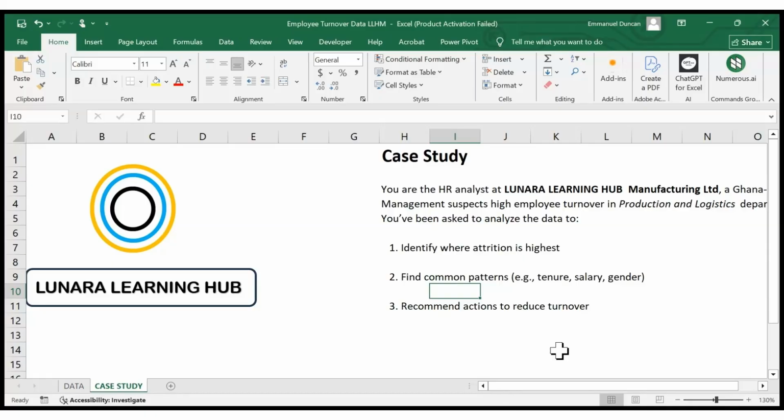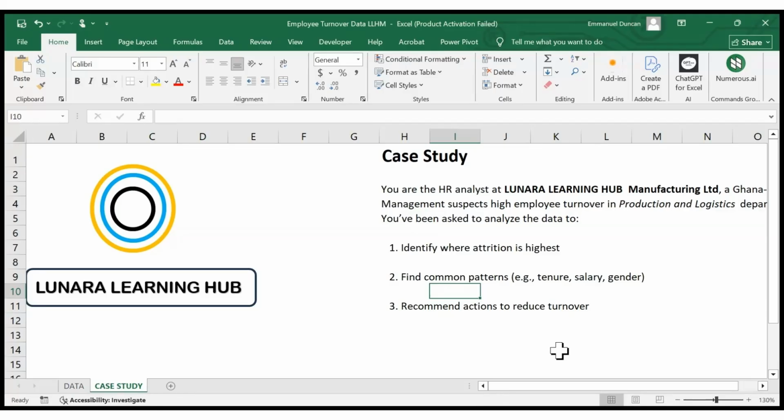Before we start, one thing I want you to understand is that you can start your people analytics journey with Microsoft Excel. So don't think too far from what you have at hand.